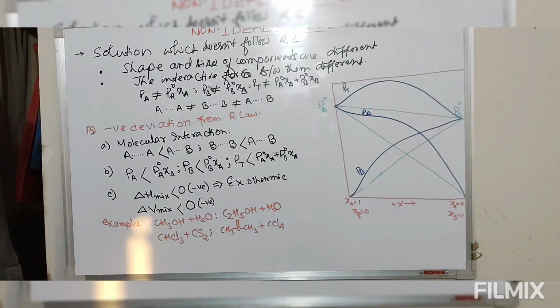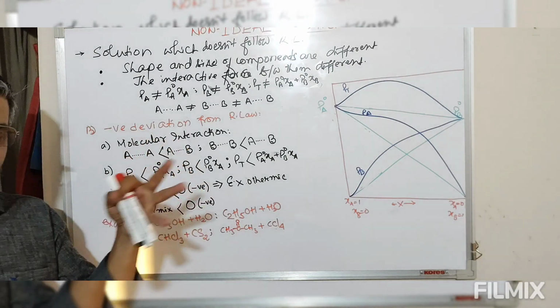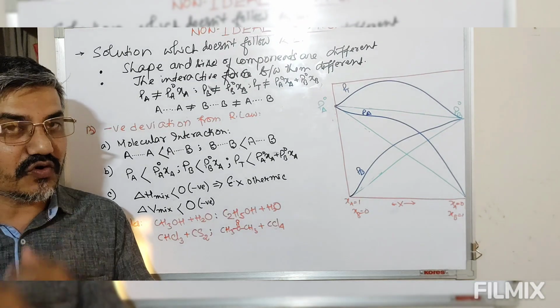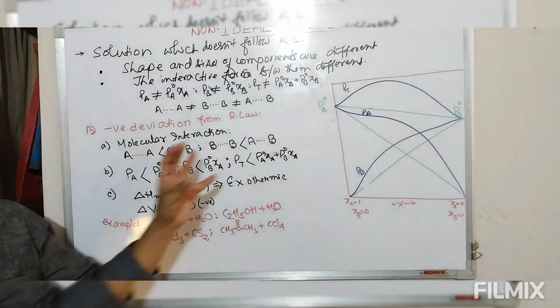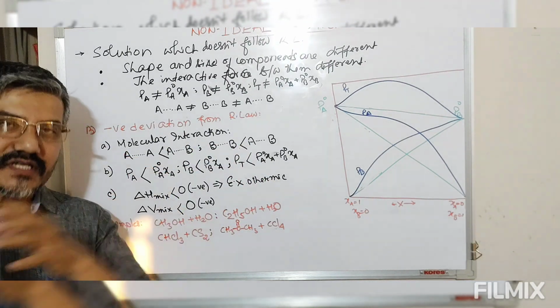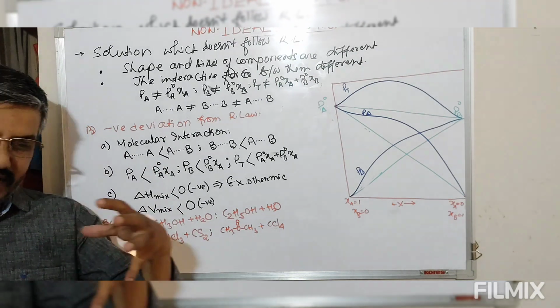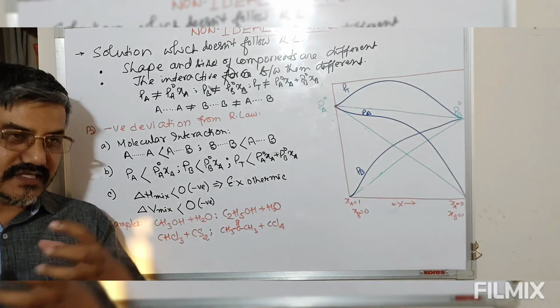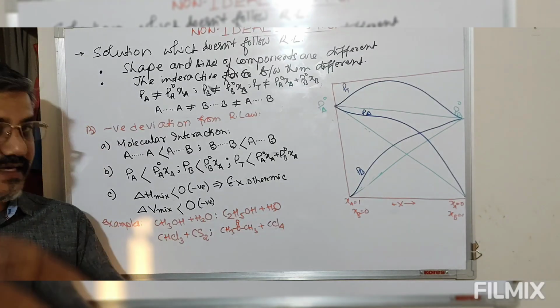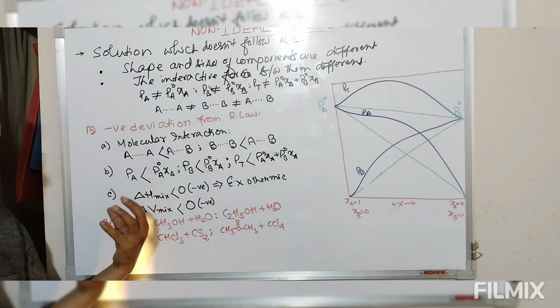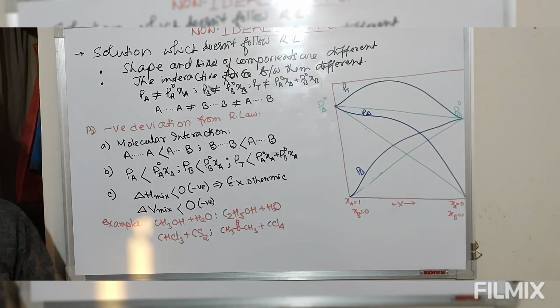Now look at this, between A and B there exists a much stronger attractive force than between AA or BB. When there exists a much stronger attractive force, some amount of energy must be released. As energy is released, the total energy contained in the system will decrease.